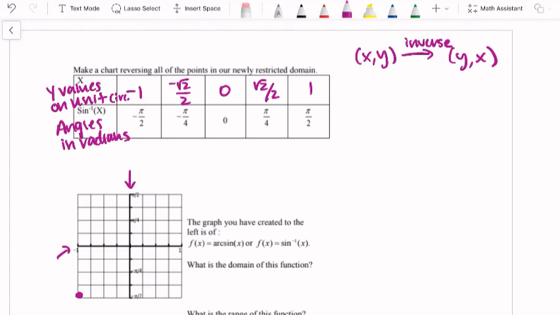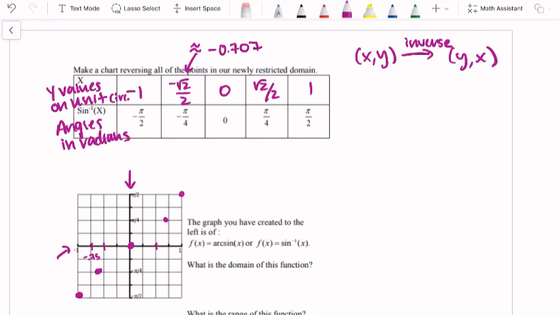At negative square root of 2 over 2, which is approximately negative 0.707, if this is negative 0.75, it'll be somewhere in here-ish. Close enough. Then 0, 0, and then right here, and then here.